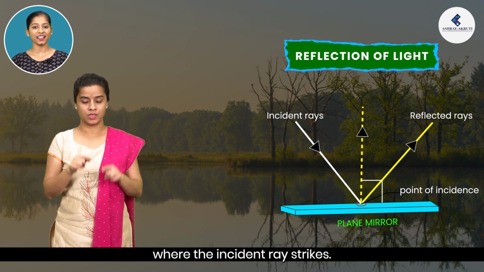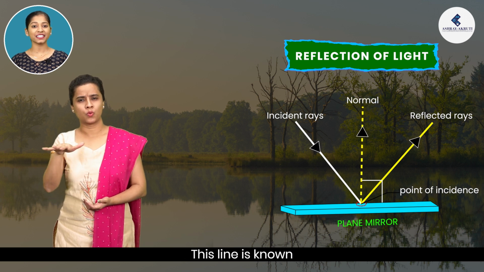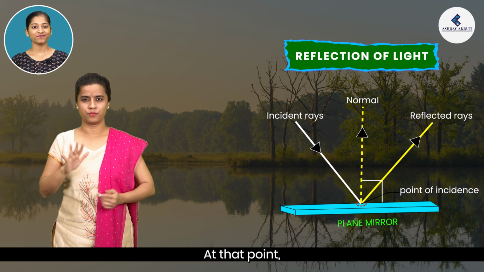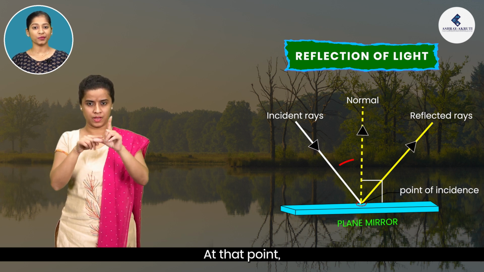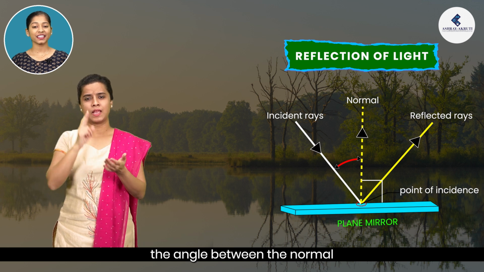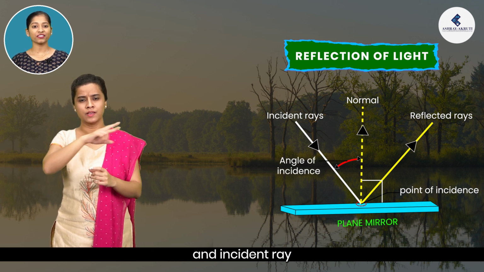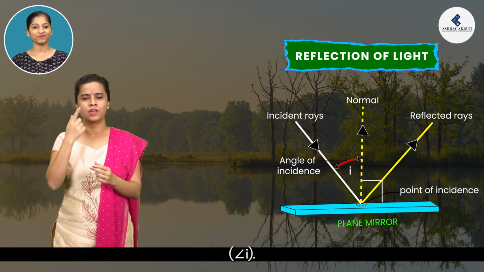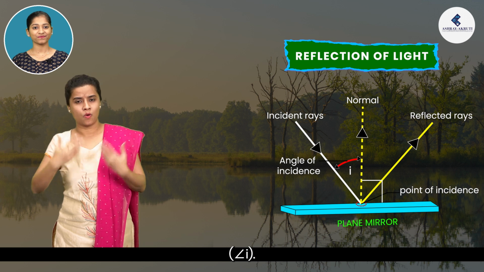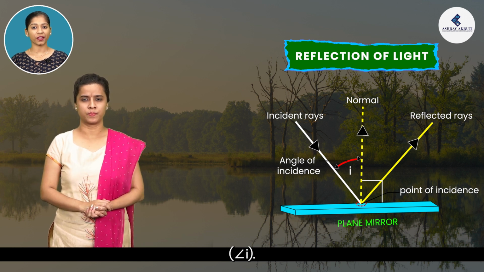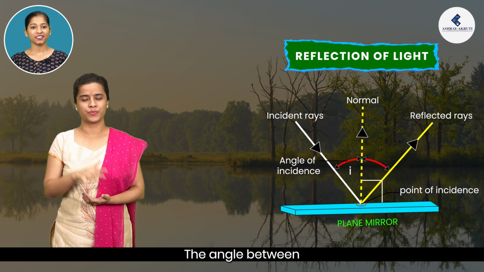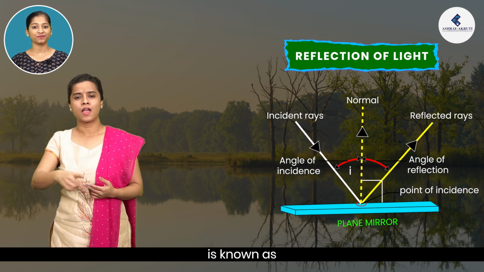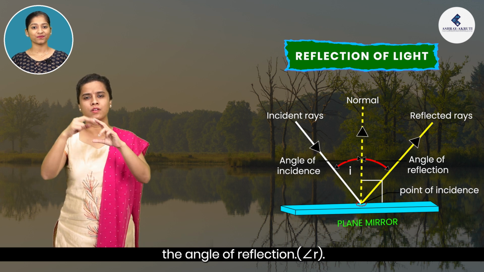This line is known as the normal to the reflecting surface at that point. The angle between the normal and incident ray is called the angle of incidence or I. The angle between the normal and the reflected ray is known as the angle of reflection or R.